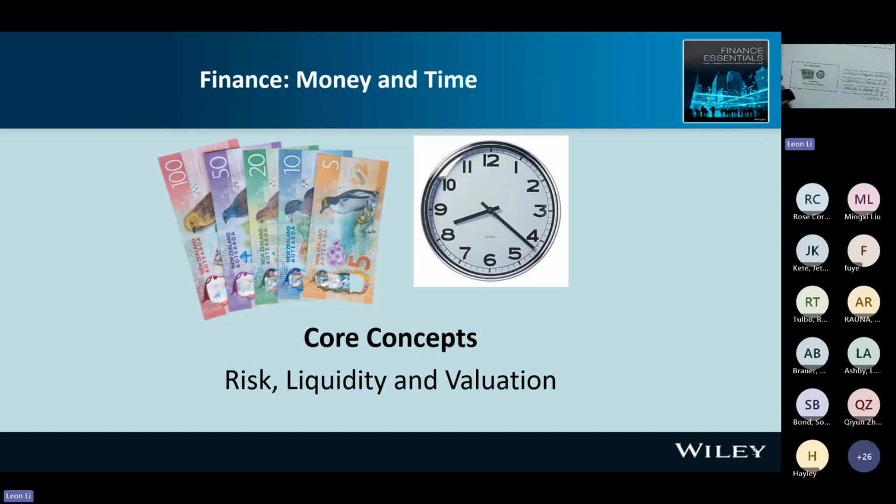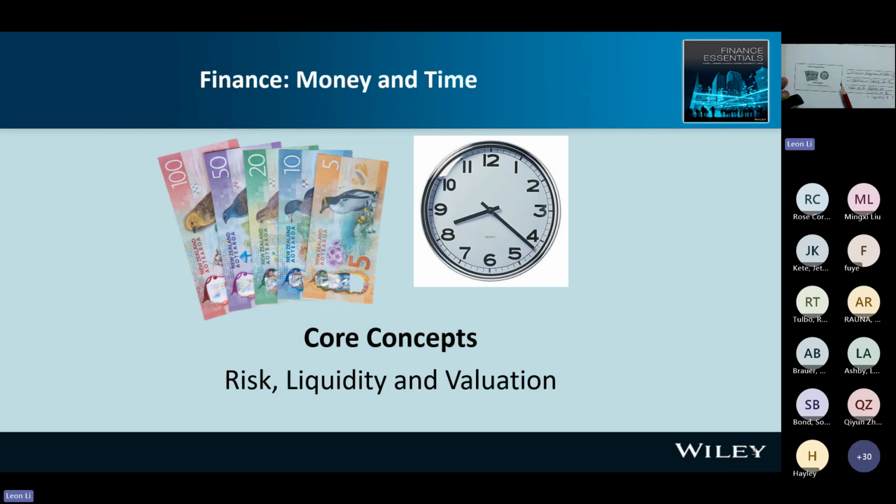Because we have money in the future, we have risk. So future money involves risk. And risk and return will go together because of market efficiency. High risk, high return, low risk, low return. Right? So we know why risk is important.